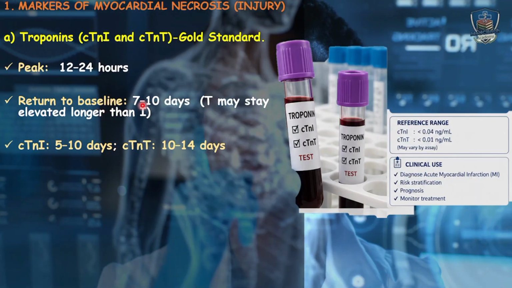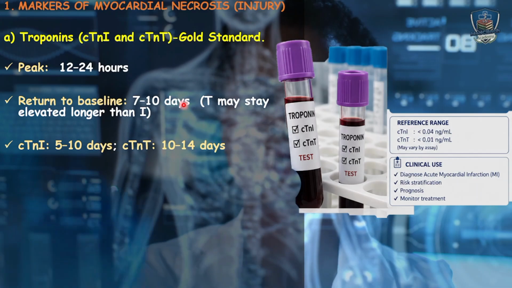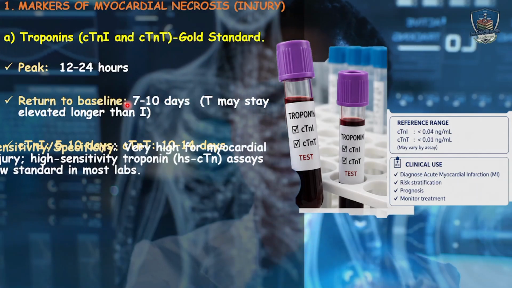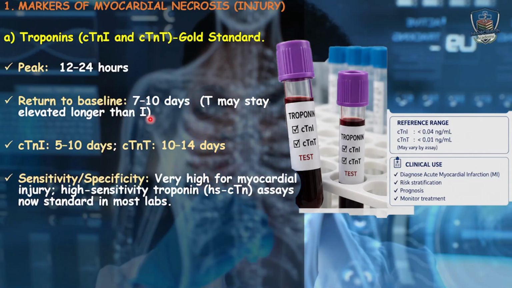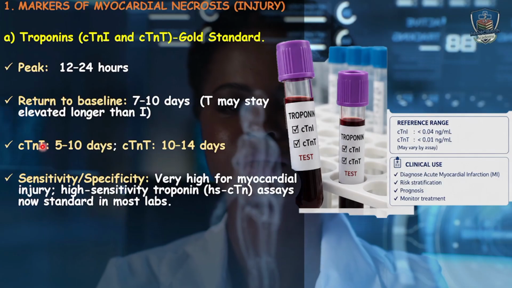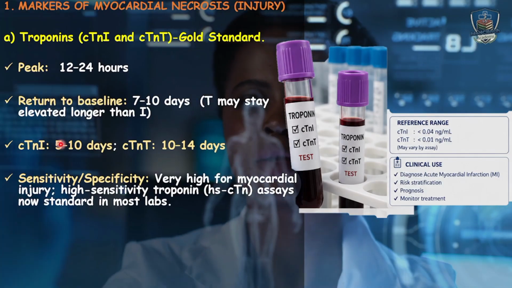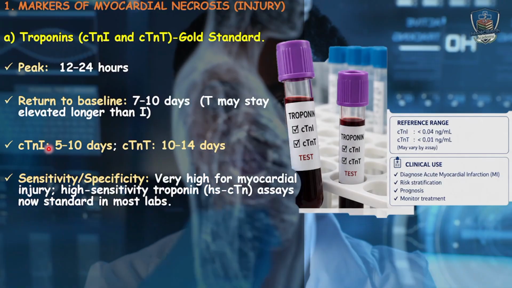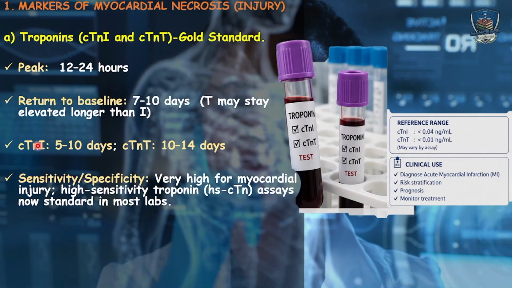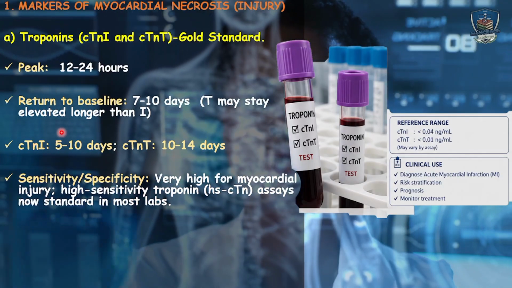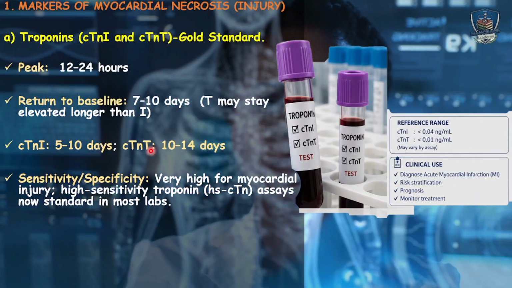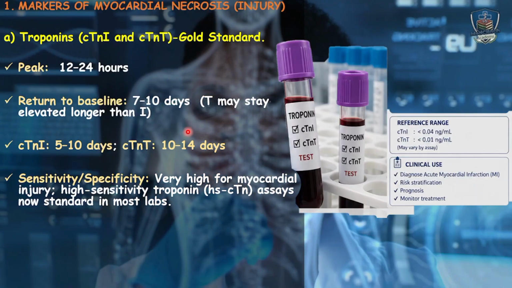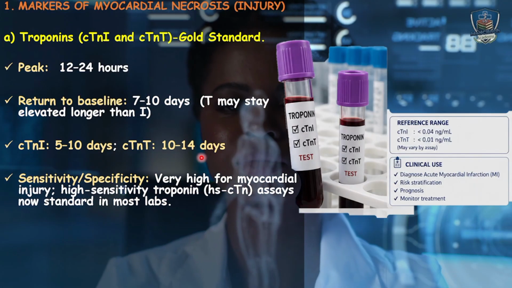For instance, cardiac troponin T tends to remain elevated for a longer period compared to troponin I. As you can see on the screen, they tend to return to baseline from day 7 to day 10, but they differ. Cardiac troponin I returns in 5 to 10 days, while cardiac troponin T remains longer, between 10 to 14 days.